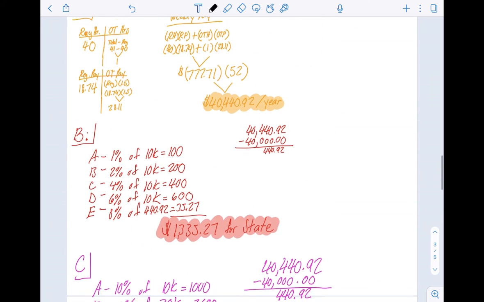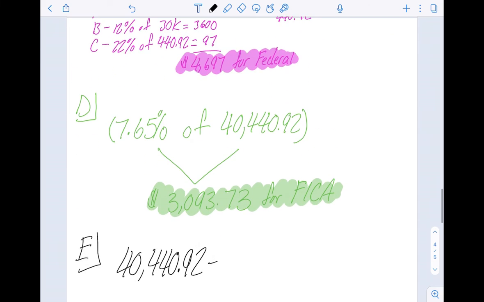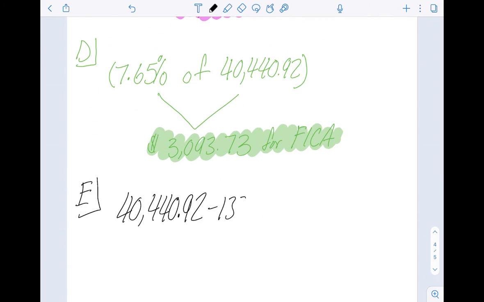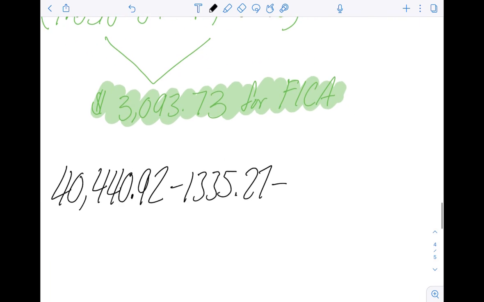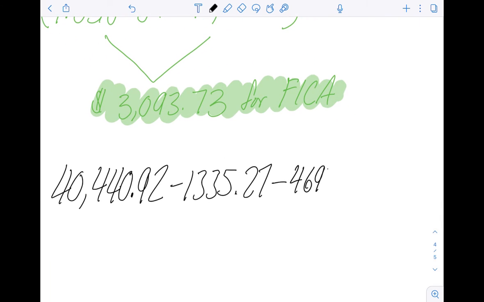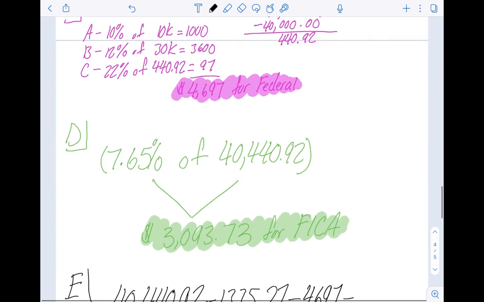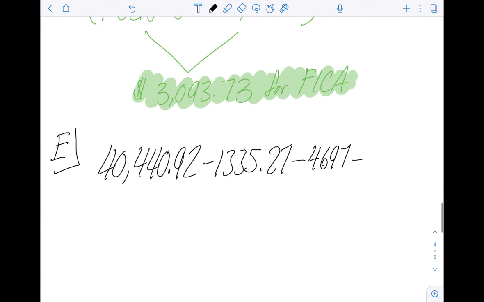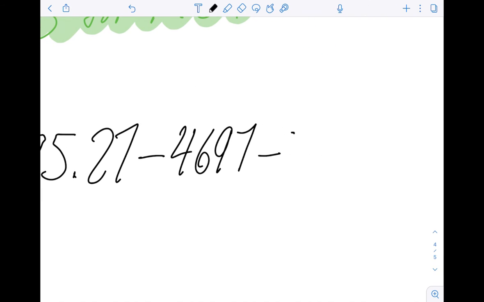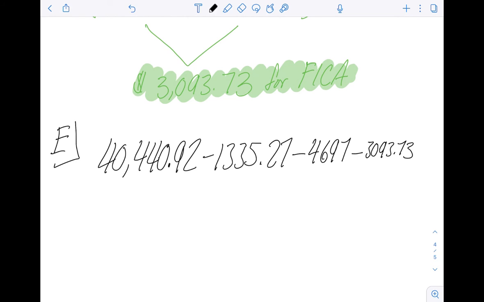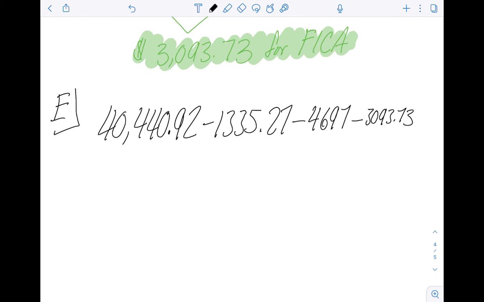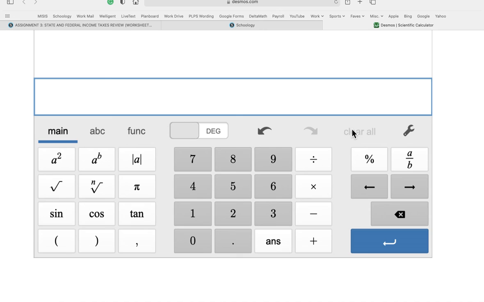And I'm going to subtract red, 1,335.27, minus pink, 4,697, minus green, 3,093.73. And look at that. That's going to give me his net pay. So I'm going to go into the calculator and I'm going to type all that in.